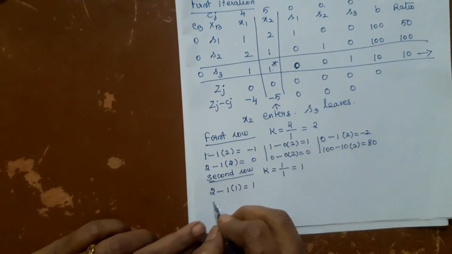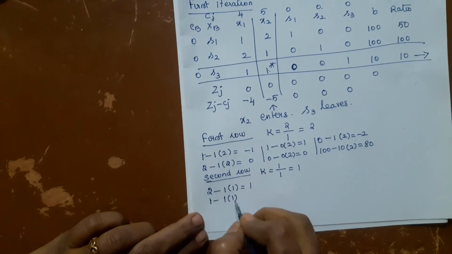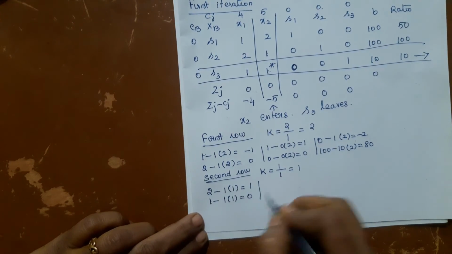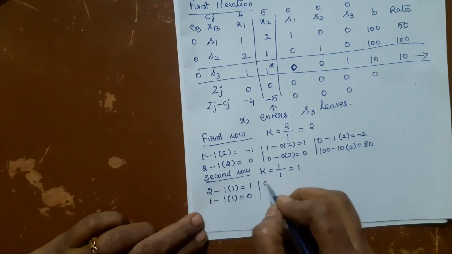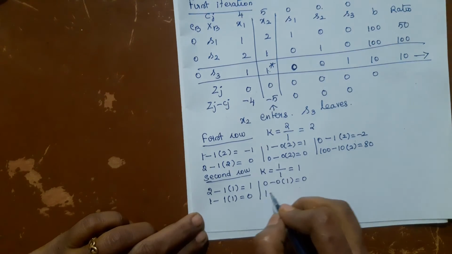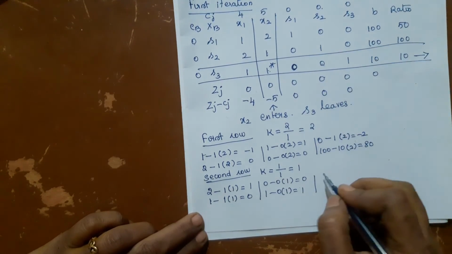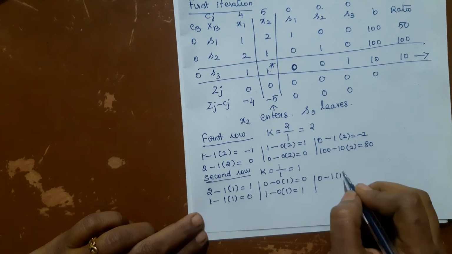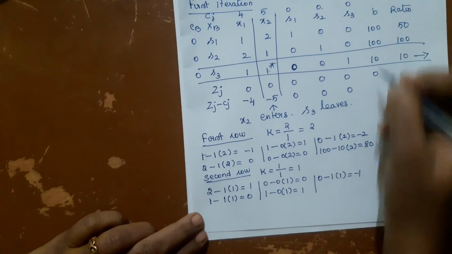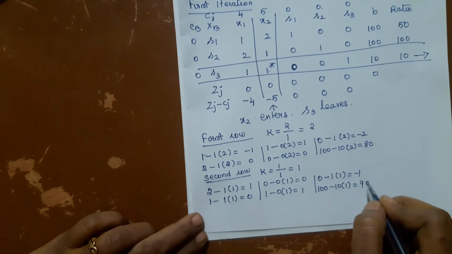Then 1 minus 1 into constant is 0. 0 minus 0 into constant is 0. 1 minus 0 into constant is 1. 0 minus 1 into constant is minus 1. 100 minus 10 into constant is 90.